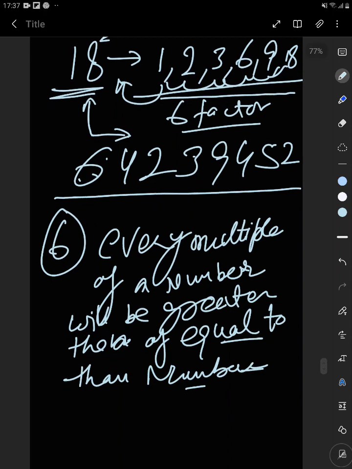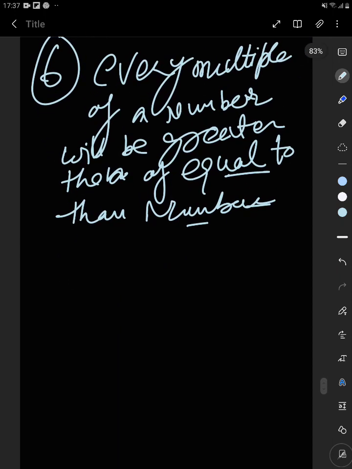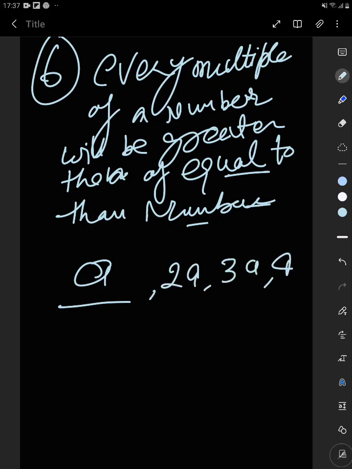So what does this mean? For example, the number is a. Multiples of a means 2a, 3a, 4a. Each of these will be greater than or equal to a.